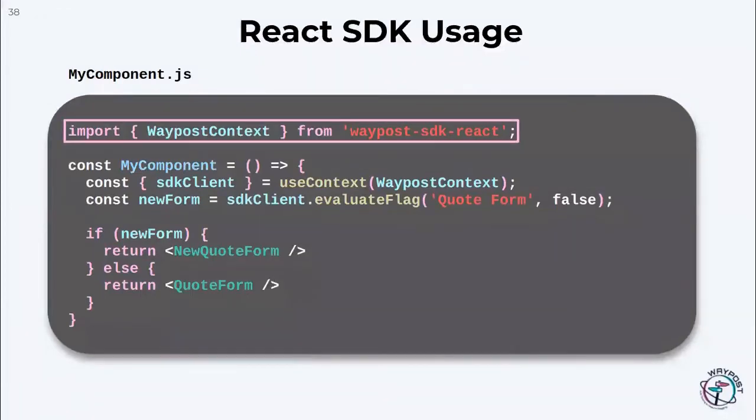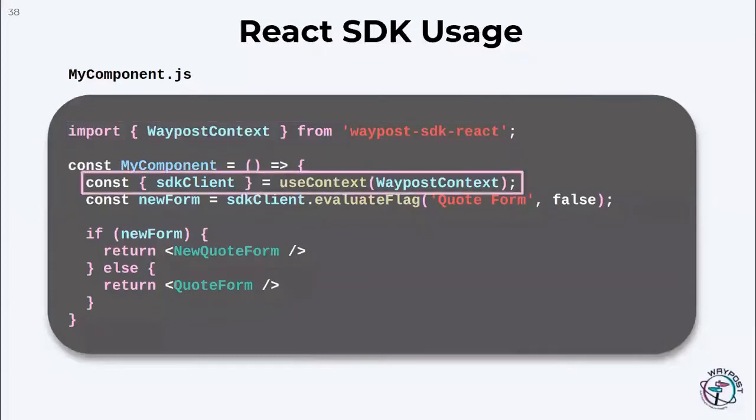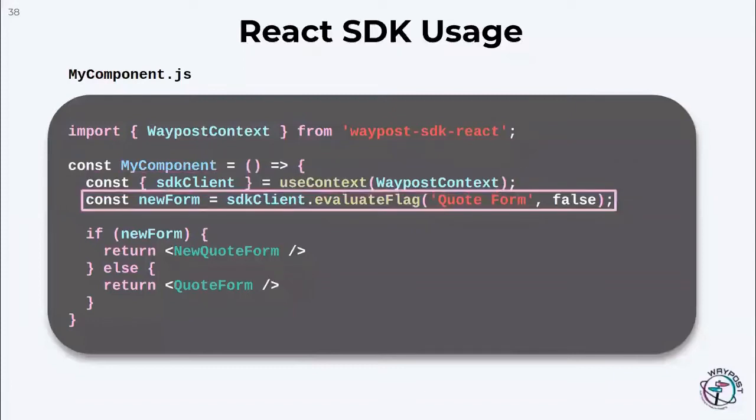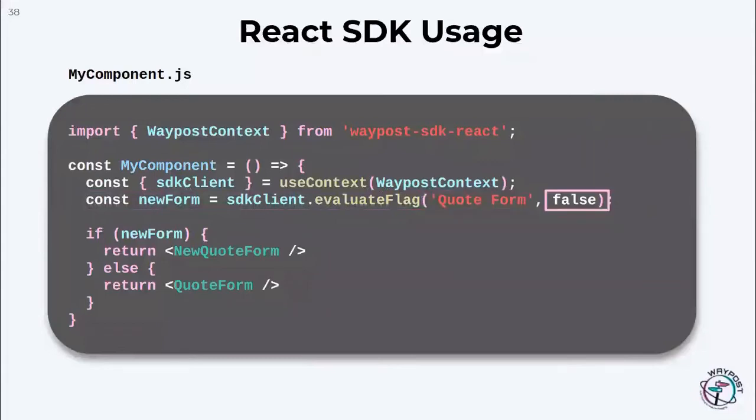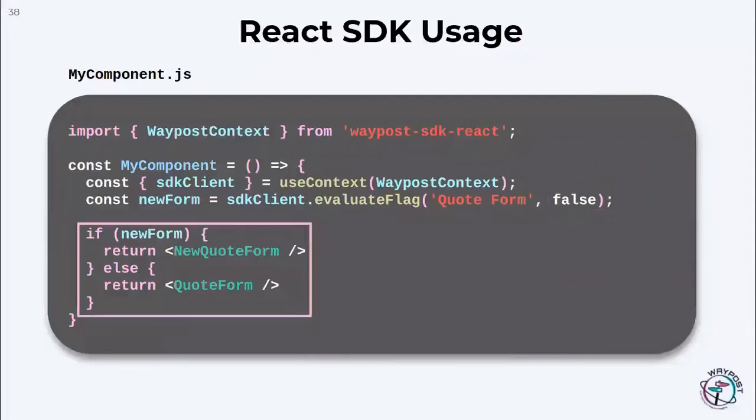Import Waypost context from the npm package, then instantiate the SDK client object using React's useContext hook. Call its evaluate flag method to get the status of a flag, passing in the name of the feature flag, which was set up in the UI, and a default value to return if the data isn't available for some reason. You can then use this Boolean to return one feature or another in your code.